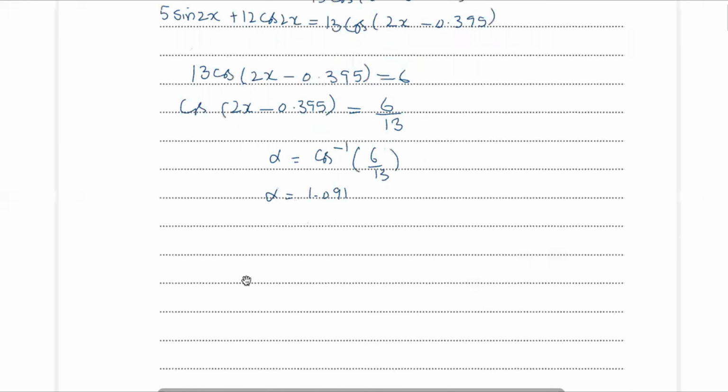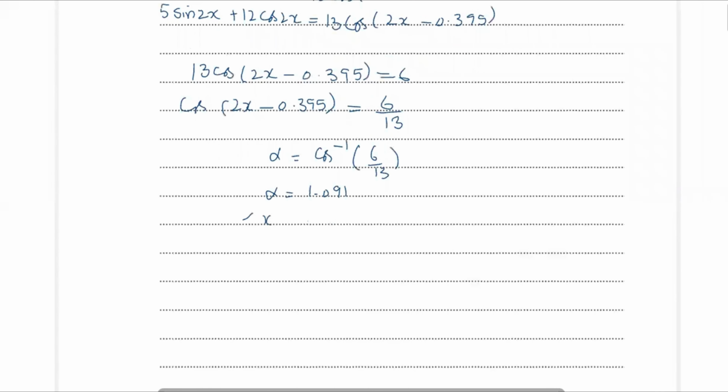Therefore, here is the 2x. Now the range of 2x will be 0 to 2 pi, and that range for 2x minus 0.395 is minus 0.395 to 2 pi minus 0.395.